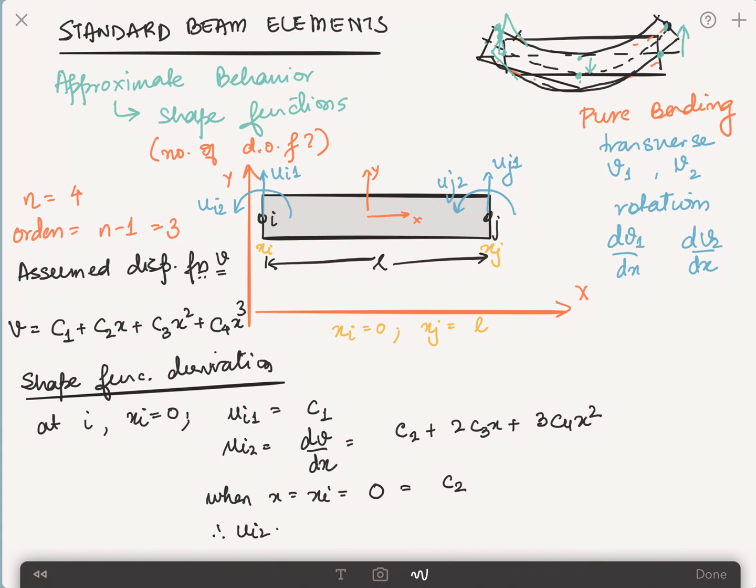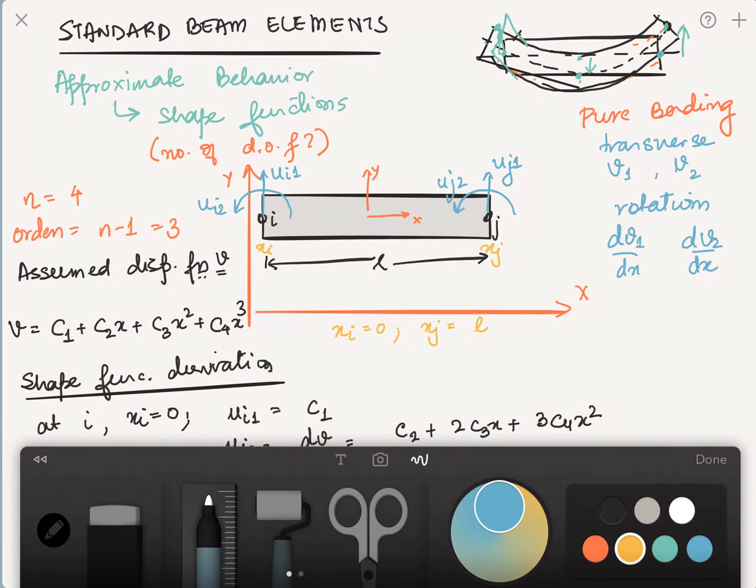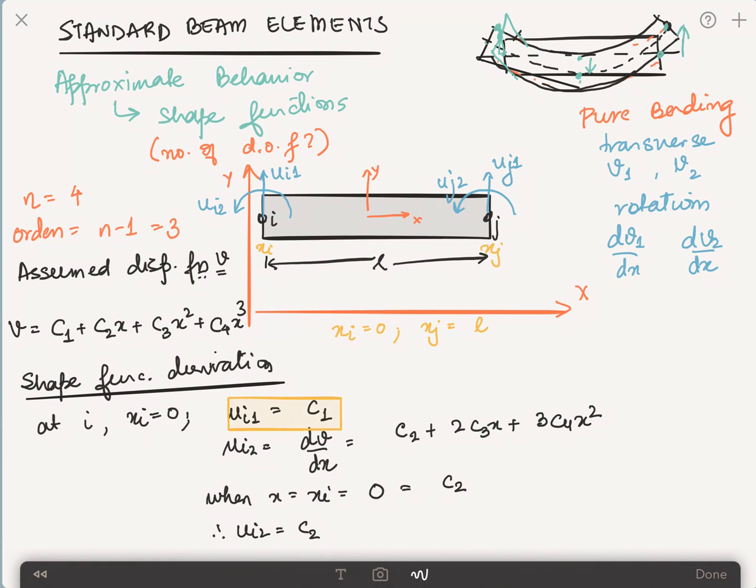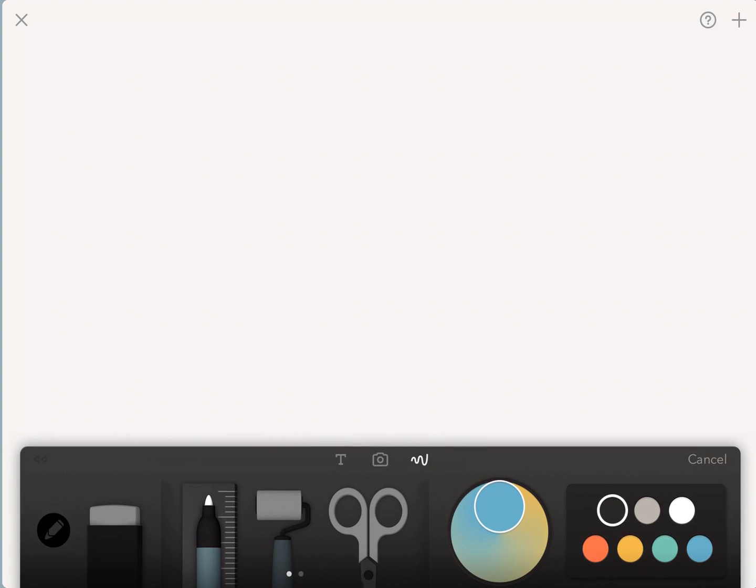Therefore ui2 is equal to c2. So these are two important results that we were looking for at node i.